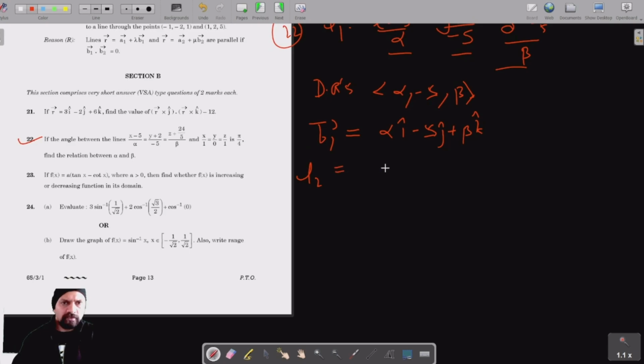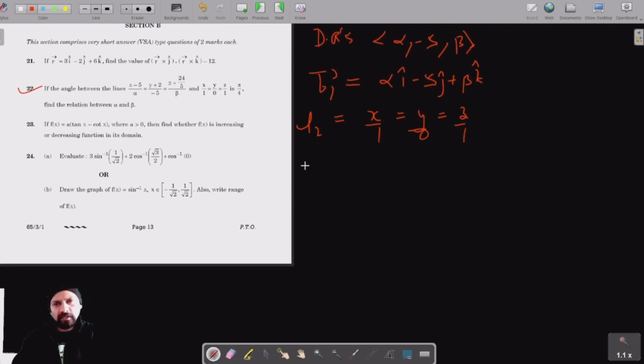Now the second equation of the line is x upon 1 is equal to y upon 0 is equal to z upon 1, and its direction ratios are 1, 0, and 1, which gives us the second parallel vector, which is i cap plus, j is 0, so this is i cap plus k cap.